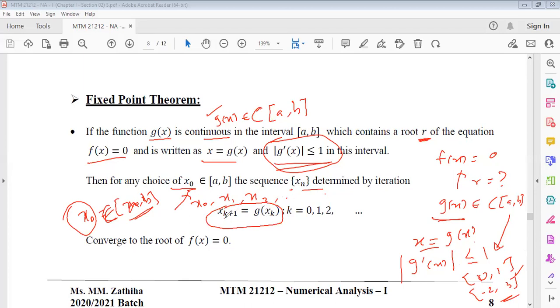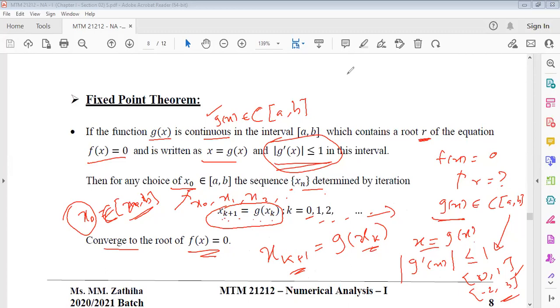So the (k+1)th value of x will be equal to g(xk). Keep it in your mind. The (k+1)th value should be derived from g(xk). Here k is 0, 1, 2, 3, and can go up to any number, and then it converges to the root of f(x) = 0.